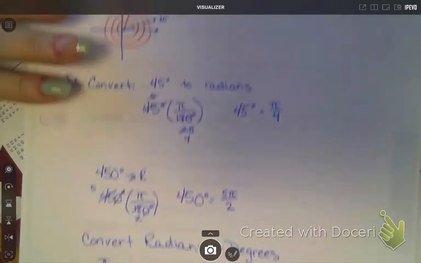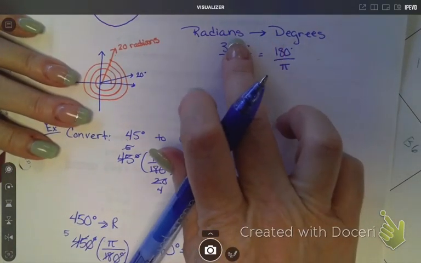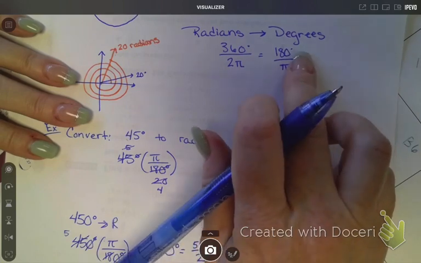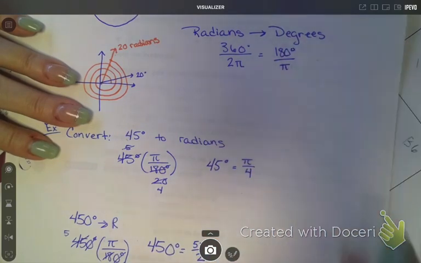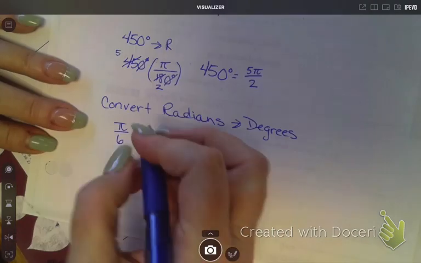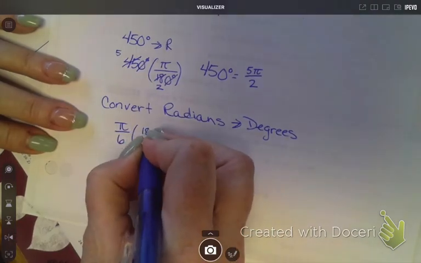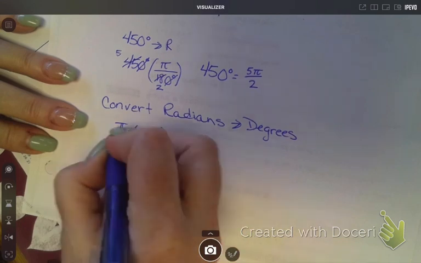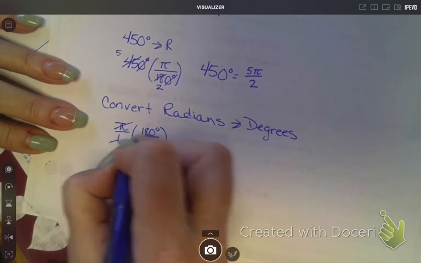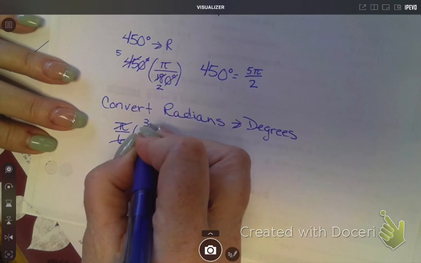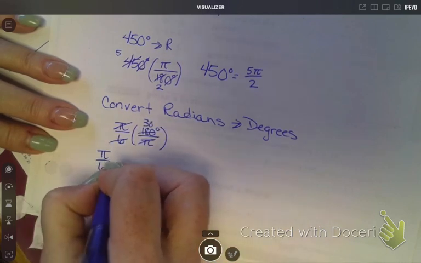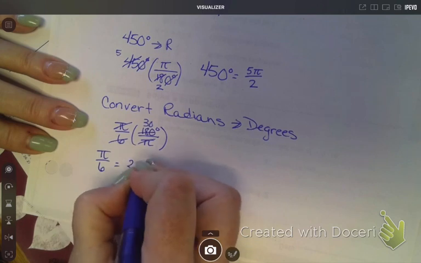Again, my conversion factor is 180 over pi for radians to degrees, because I want my pi to reduce out and a degree to come back into the answer. So times 180 degrees over pi. Pi's reduce. 6 goes into 180 30 times. So pi over 6 is equal to 30 degrees.